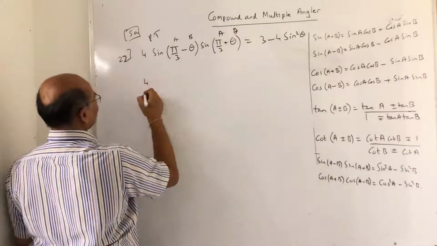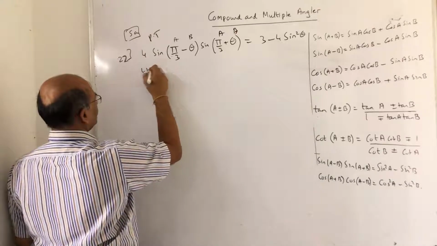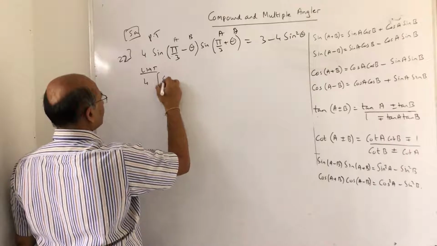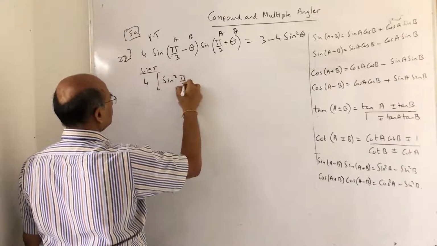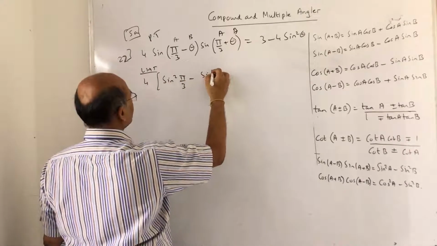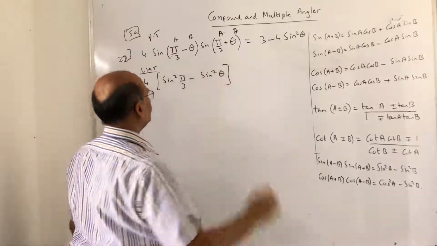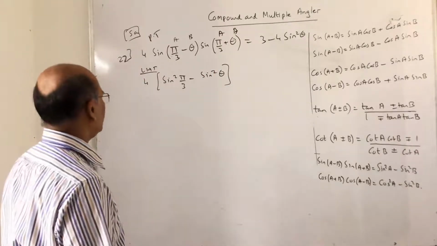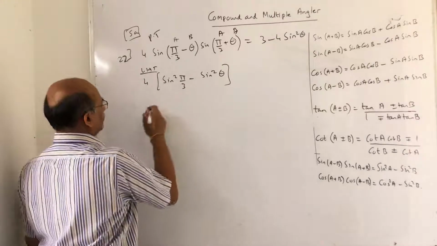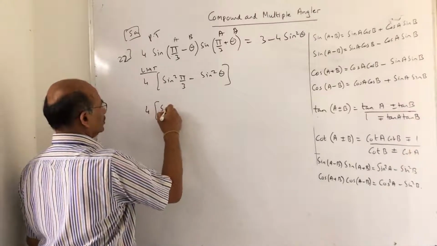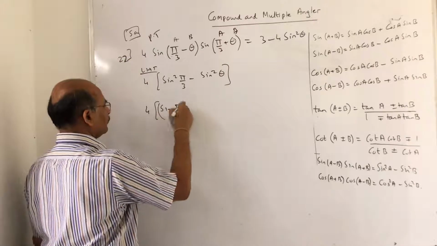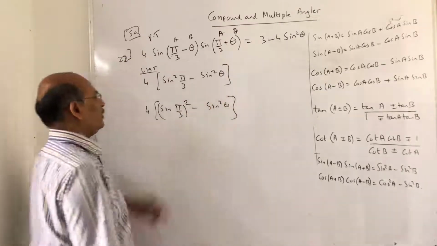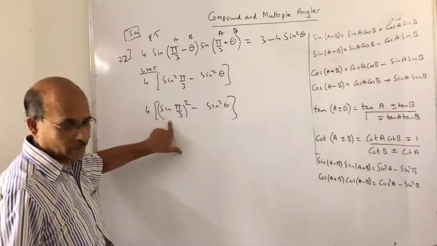Now 4, keep it as it is. LHS I am talking about. So sine A minus B, sine A plus B is sine square A minus sine square B. Now by the way, remember this is 4 into sine square pi by 3 minus sine square theta, the other way of writing this trigonometric ratio in square form.